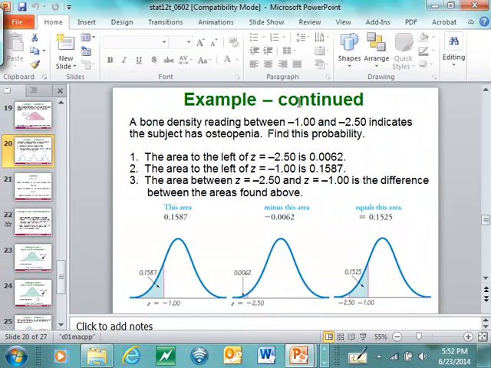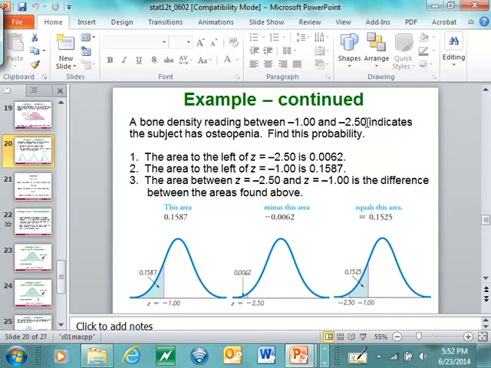Now, we could also talk about finding the area under the curve between two z-scores. Like, what's the area under the curve between -1 and -2.5? That's the same thing as saying, what's the probability that if we randomly select an adult, he or she has a bone density score of between -1.00 and -2.50?